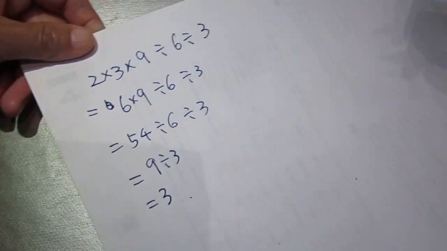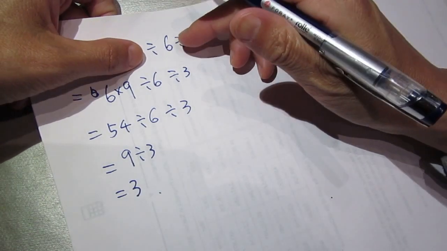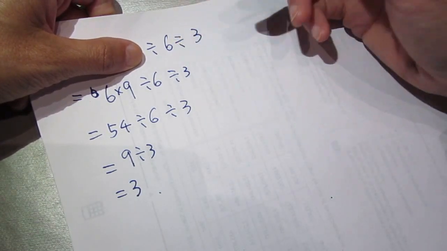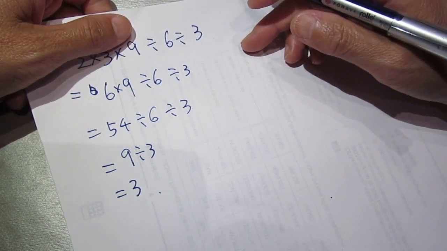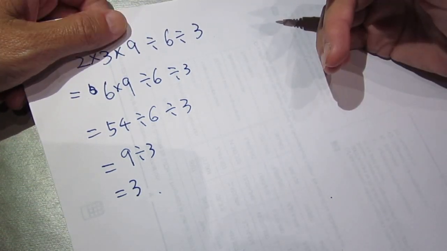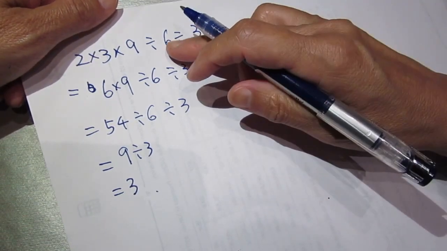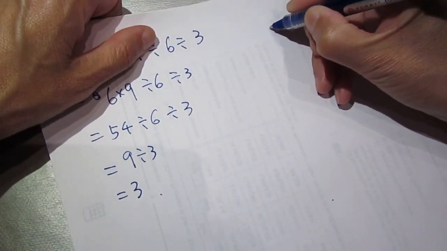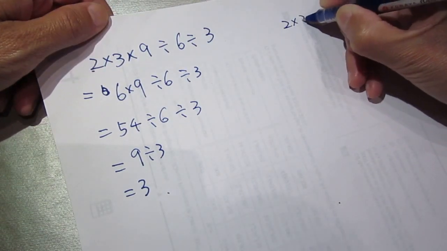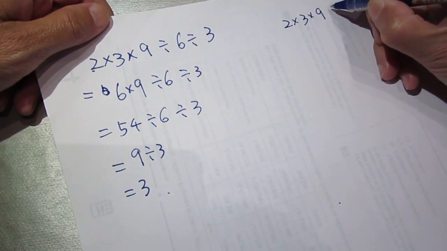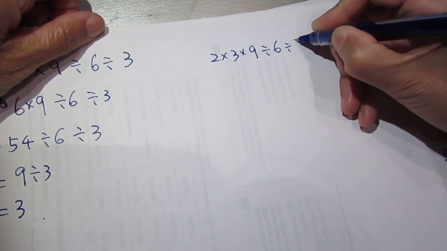This is from left to right. You honestly do it. Another way, divide by a number is equal to multiply by the opposite number, the flipped-up number of that particular number. So the same problem, 2 times 3 times 9 divided by 6 divided by 3.